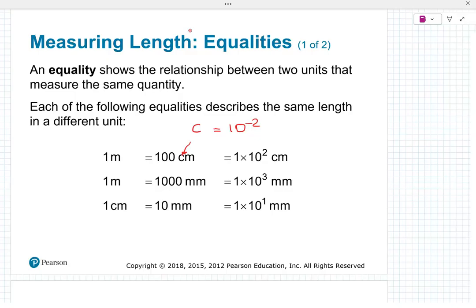So 1 centimeter is a 1/100th portion of a meter. Before we move on, do you agree with that statement? Everybody?